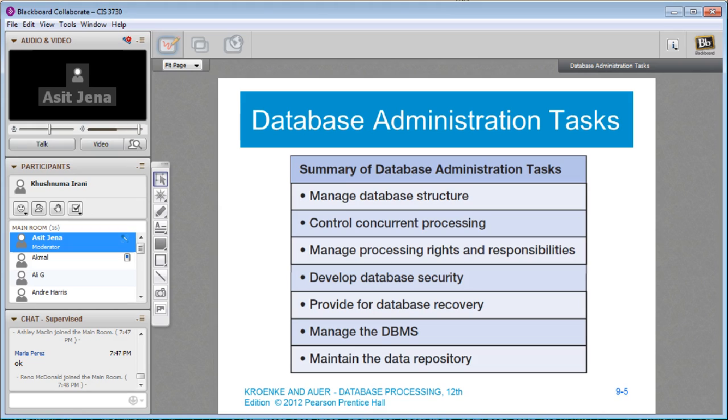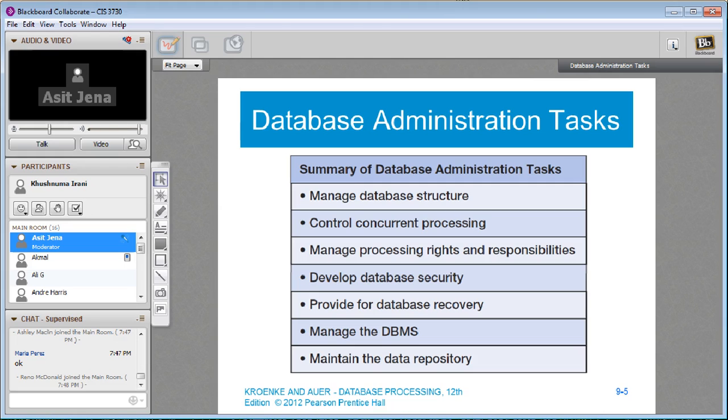The end user, or a knowledge worker, or a power user is the user of the databases. The job of the database administrator is to manage the database structure, making sure that the database is created properly, create and control concurrent processing, and manage processing rights and responsibilities.